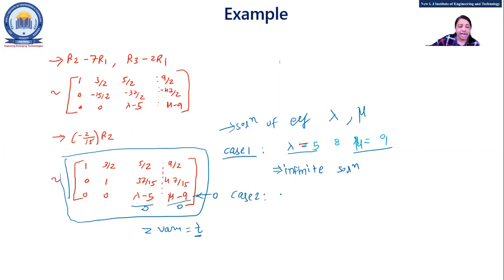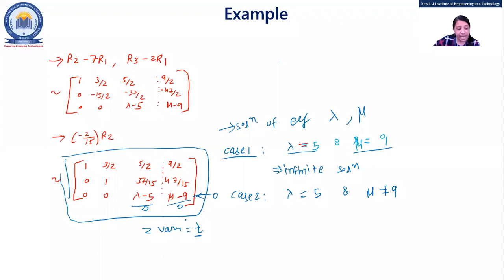Case 2: lambda equal to 5 and mu not equal to 9. You have to write it this way in the exam, covering the possibilities of lambda and mu. Lambda equal to 5, so here it becomes 0, and mu not equal to 9.